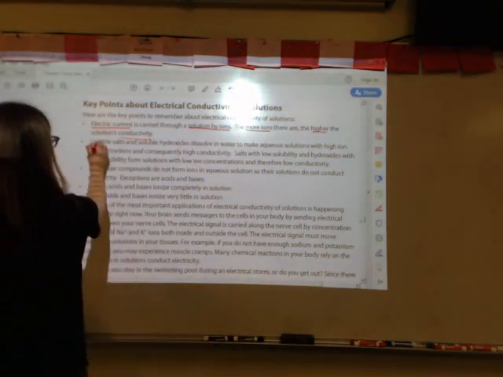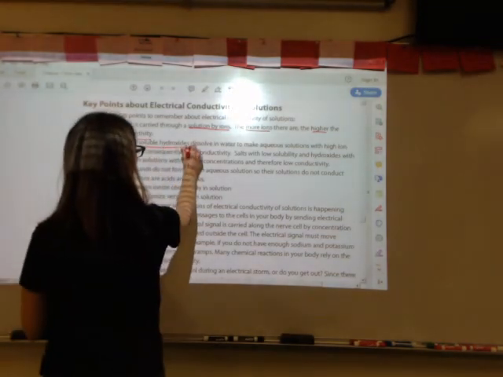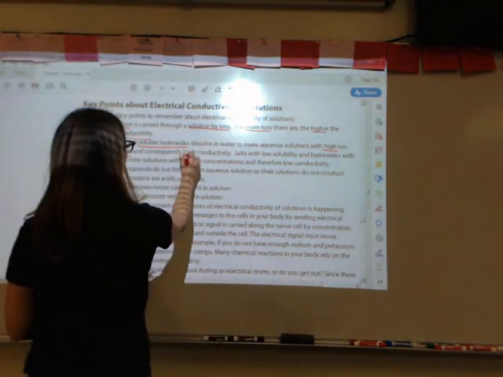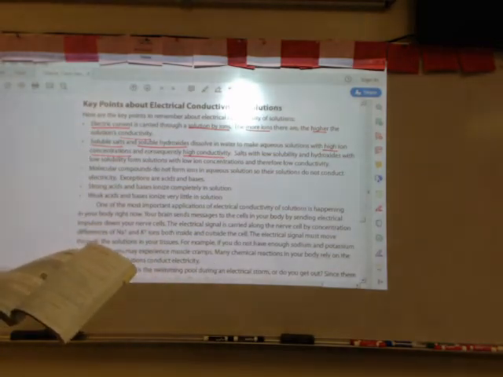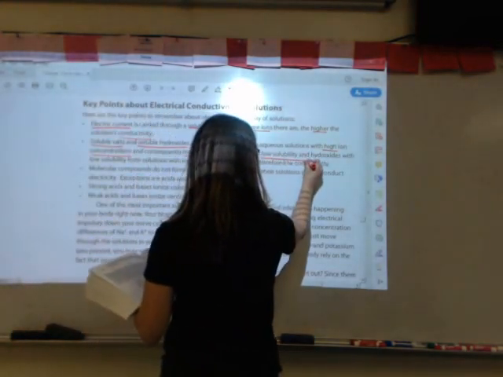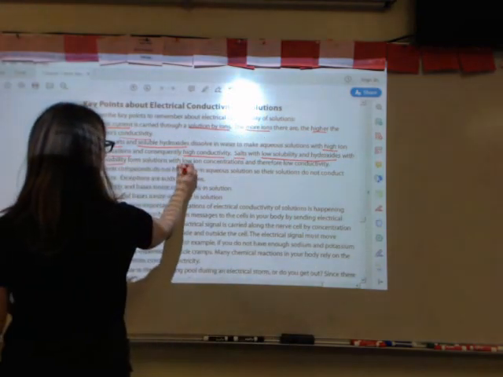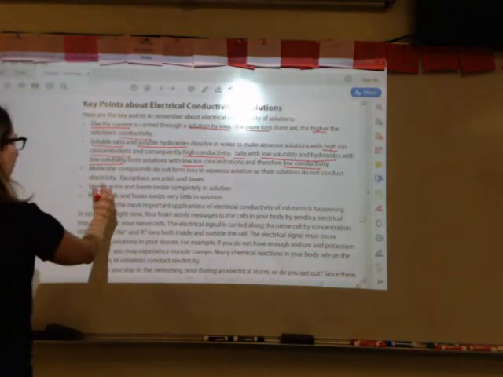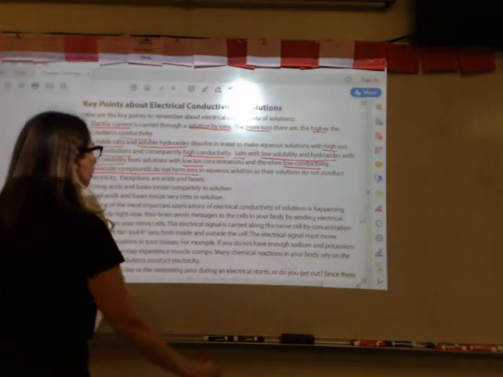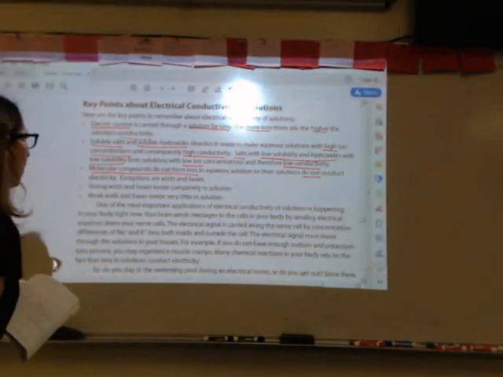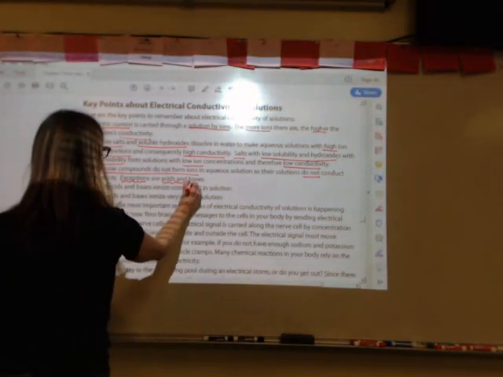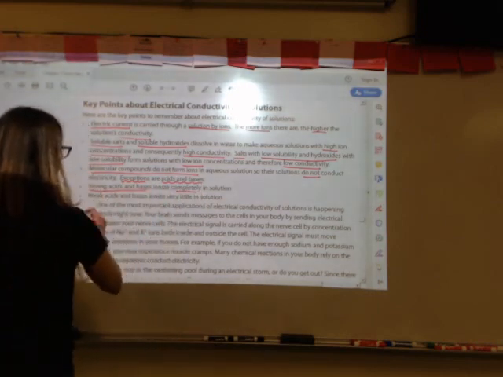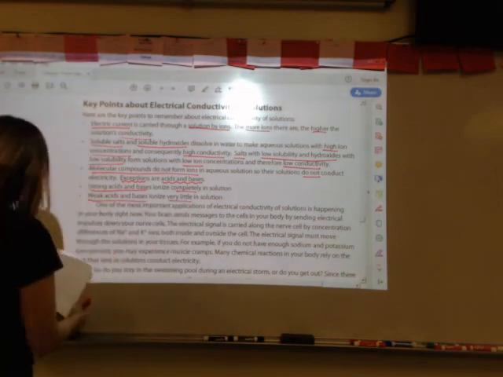Soluble salts and soluble hydroxides dissolve in water to make aqueous solutions with high ion concentrations and consequently high conductivity. Salts with low solubility and hydroxides with low solubility will have low ion concentrations and therefore low conductivity. Molecular compounds do not form ions in solution, therefore they do not conduct electricity. The exceptions are acids and bases. Strong acids and bases ionize completely in solution. Weak acids and weak bases ionize very little in solution.